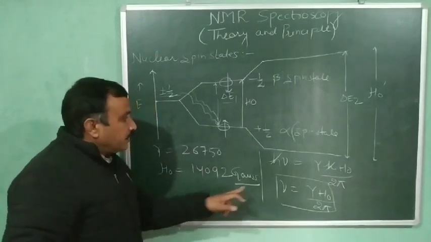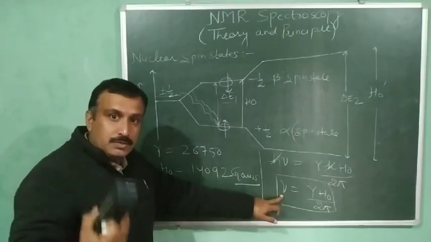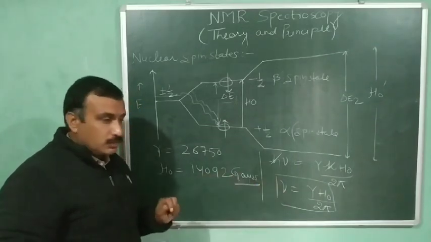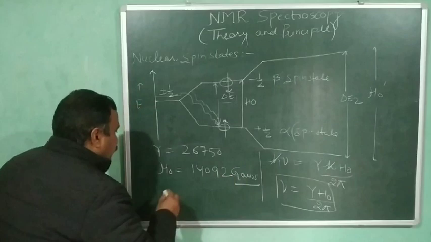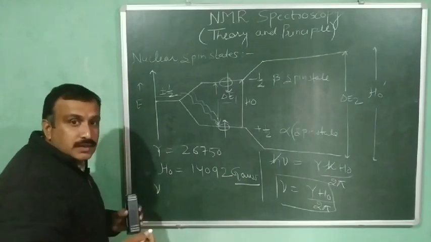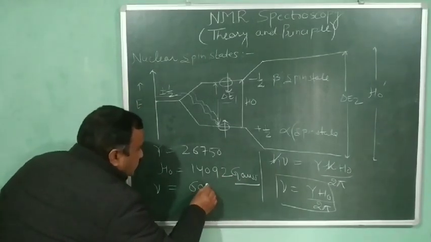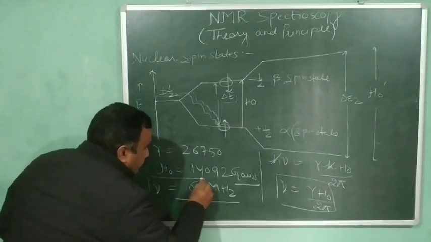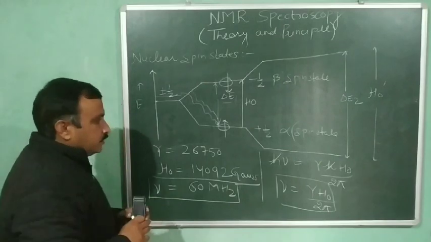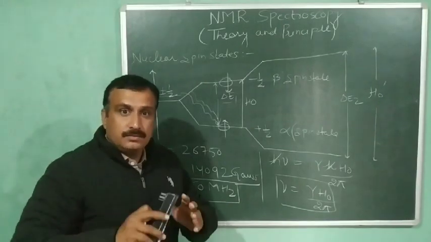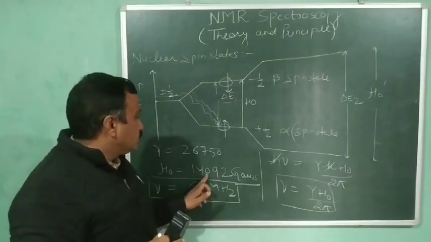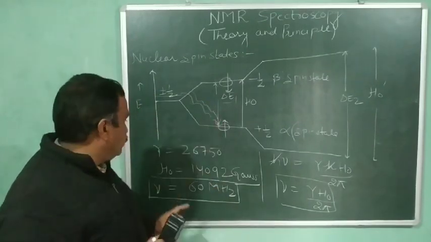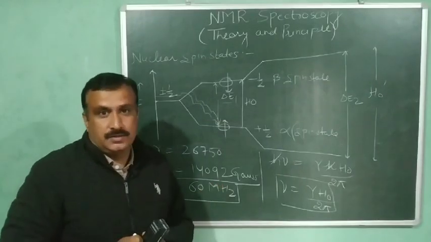Now we will calculate the radio frequency which will be absorbed when this is the strength of the external magnetic field, with the help of this formula. And after calculation, the value of frequency comes out to be 60 megahertz. This means that when the strength of the external magnetic field is 14,092 Gauss, then the radio frequency absorbed will be equal to 60 megahertz.